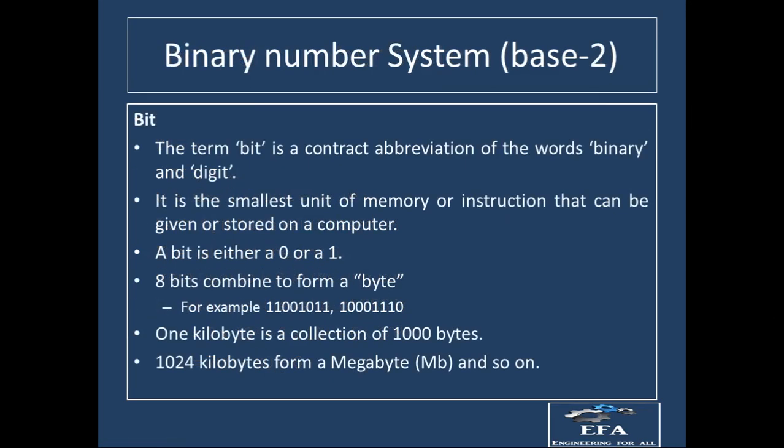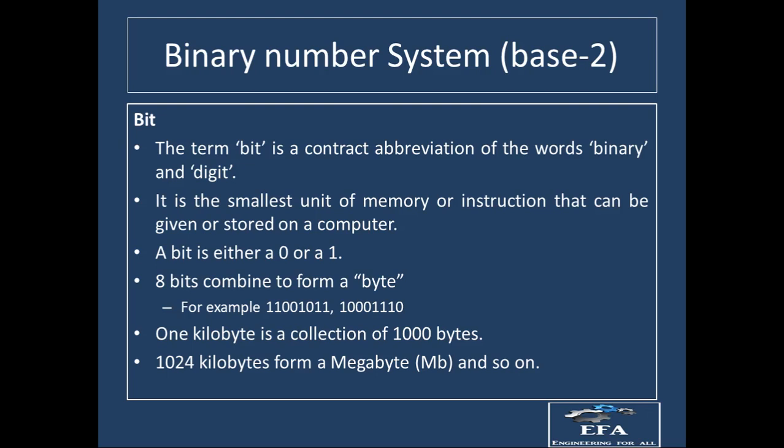After that, the next type of the system is the binary number system. When we talk about the binary number system, first of all we have to see what bits are, because we have to deal with the bits. A bit is nothing but the representation of the data in the form of 0 or 1.